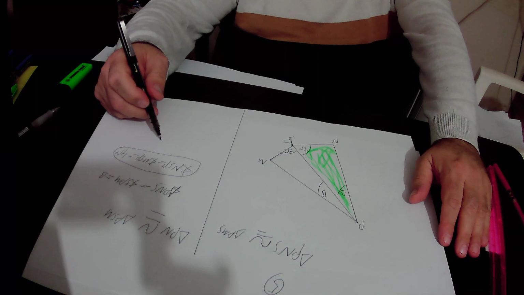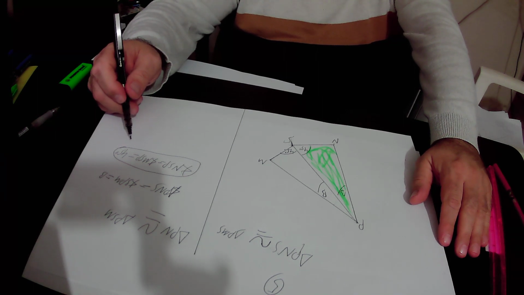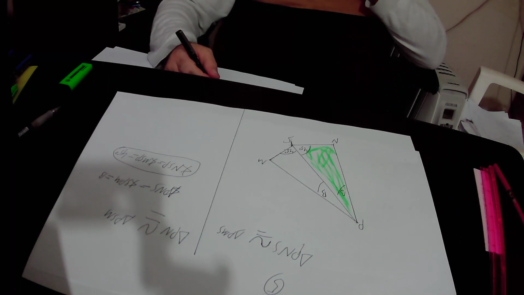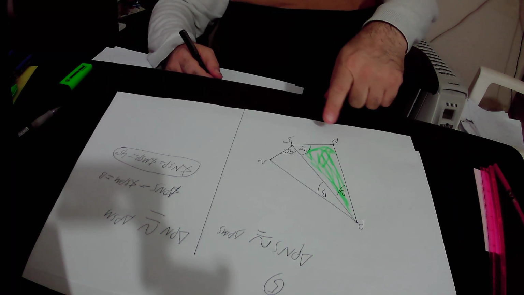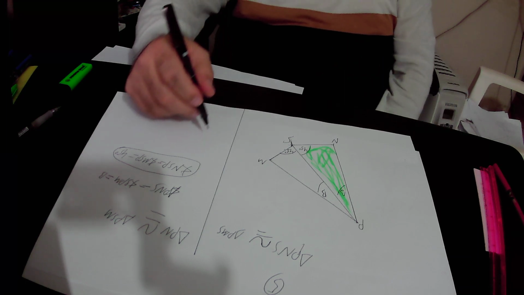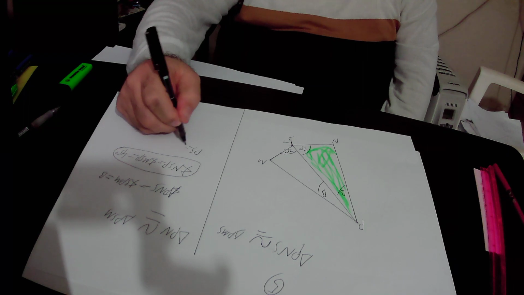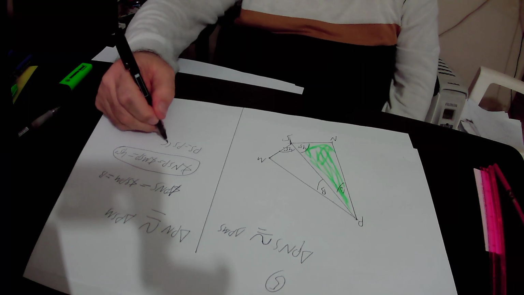Angle NSP equals angle MSP equals 45 degrees. And PS is a common side, it belongs to both triangles, so we can write down that PS equals PS as a common side that belongs to both triangles.